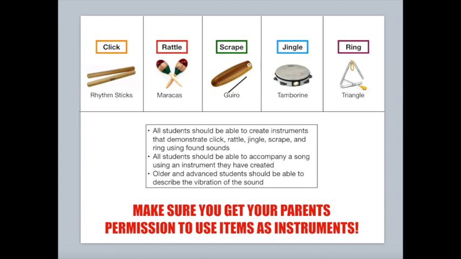The maraca in these pictures looks a little different than the one that I used in the video. We also covered scrape timbre. We covered the jingle timbre and a tambourine. And finally, we covered the ring timbre on a triangle.